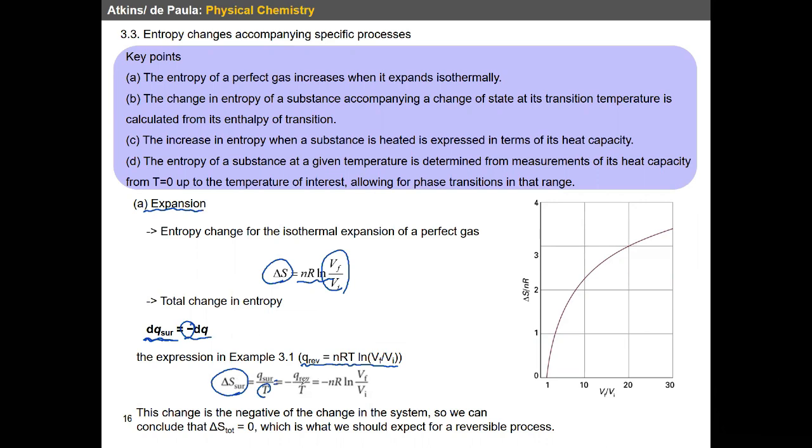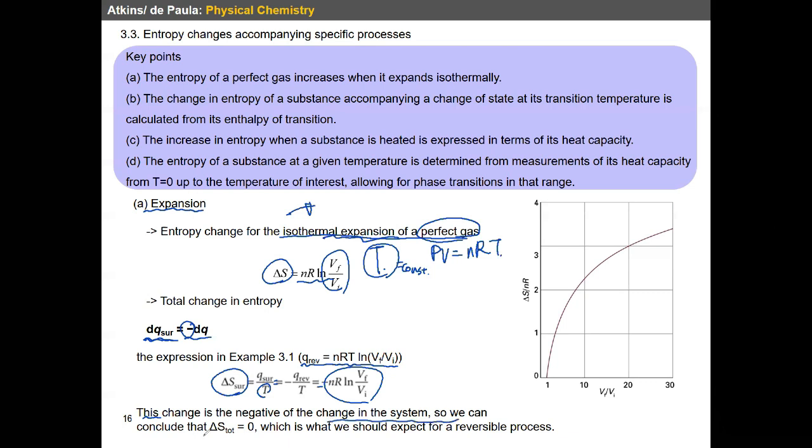This is the isothermal expansion of a perfect gas, so it satisfies PV equals nRT, and isothermal means the temperature is constant. So this change is the negative of the change in the system.